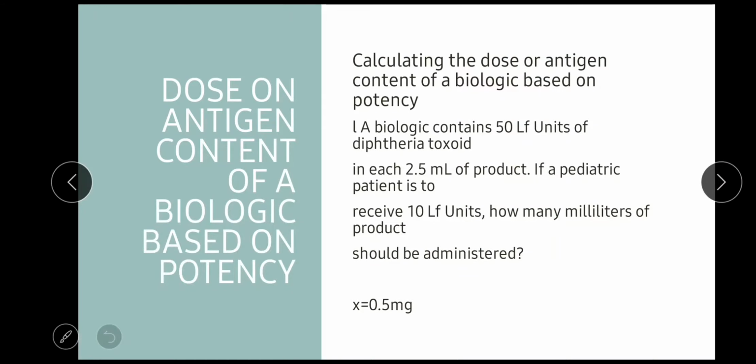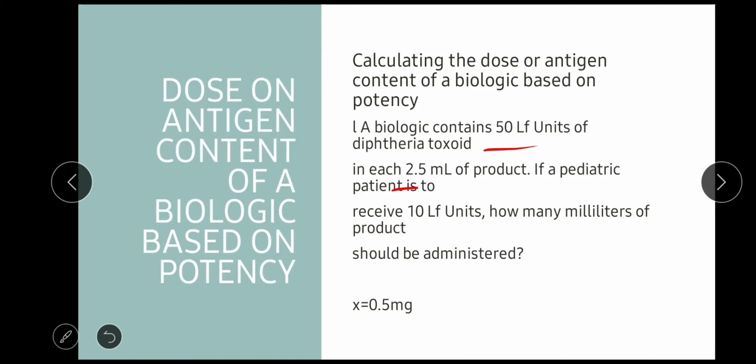Then dose or antigen content of biologic based on potency. Calculate the dose or antigen content of a biologic based on potency. A biologic contains 50 LF, or flocculating units, of diphtheria toxoid in each 2.5 ml of product. If a pediatric patient is to receive 10 LF units, how many milliliters of product should be administered? It's like ratio and proportion.